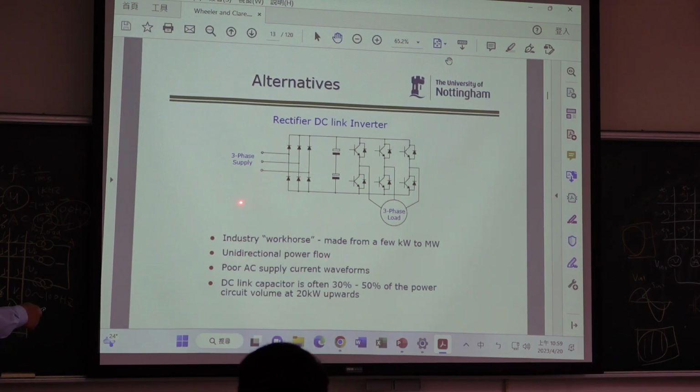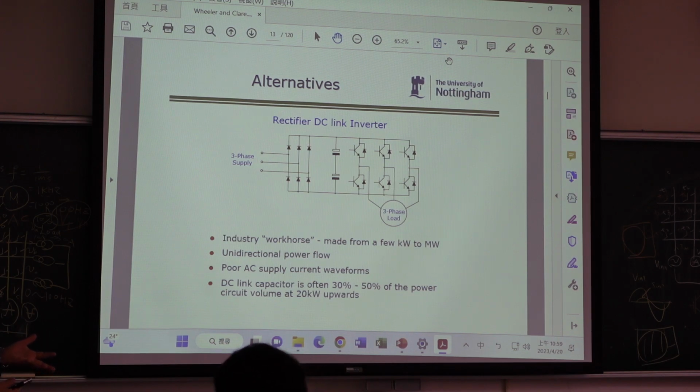Unidirectional power flow. The power goes here, goes to the motor. But if the motor wants to regenerate power, it can come here, but it cannot go to the grid. Then you cannot save energy, right? So this is not good because we need to save energy. If you have a high-speed train or MRT, when they go to the station, they need to return the energy to Taipower company.